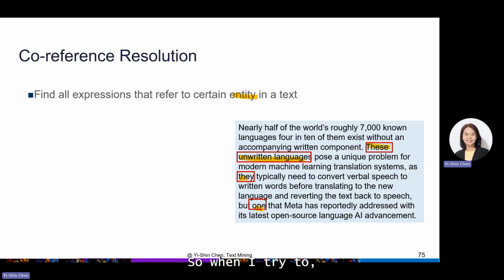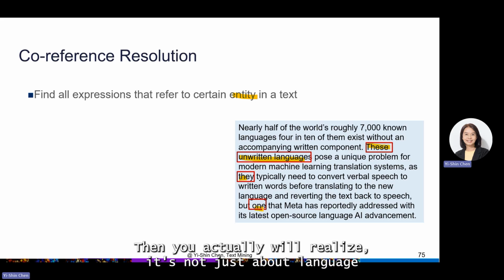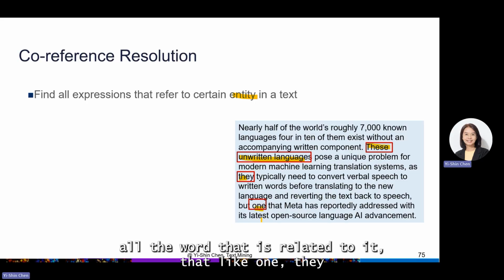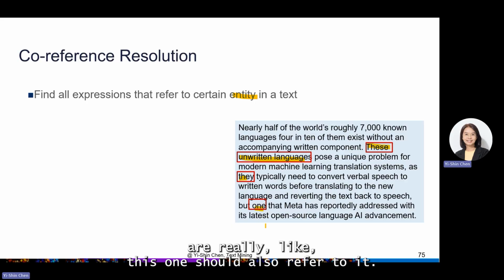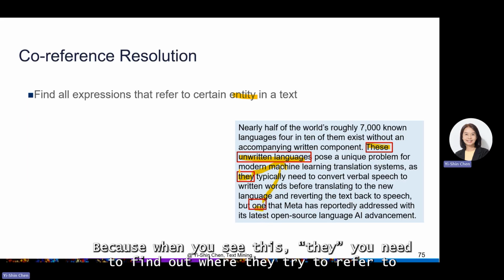When I try to know which spans are related to unwritten language, you will realize it's not just about language or just about unwritten language. All the words related to it, like "one" and "they," should also refer to it. That is why we call it coreference resolution, because when you see this "they," you need to find out what they refer to.